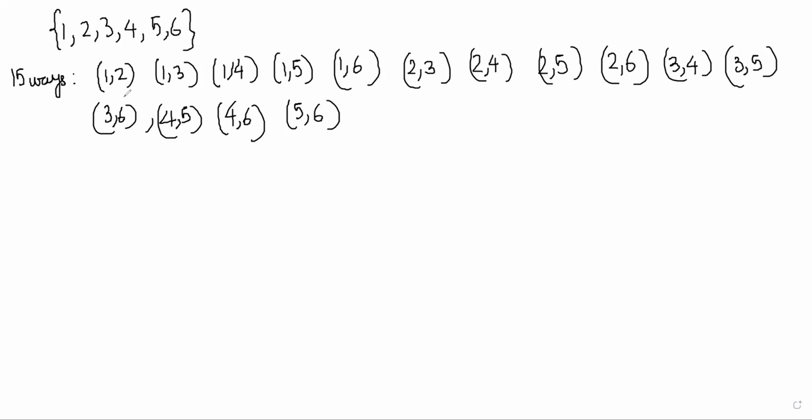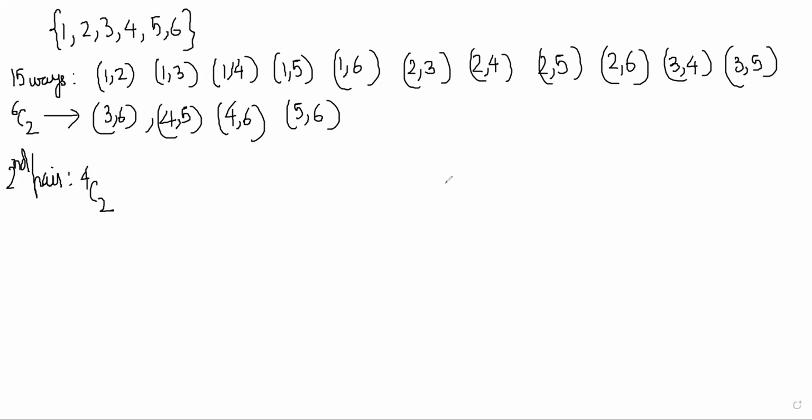Then after that, four things are left, right? Four things are left, second pair. That can be done in 4C2 ways, according to the method that we have devised. So you have to select any one pair out of this.